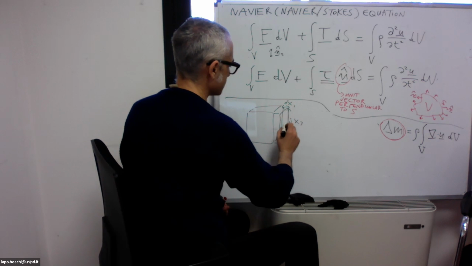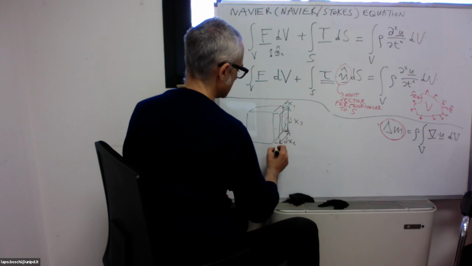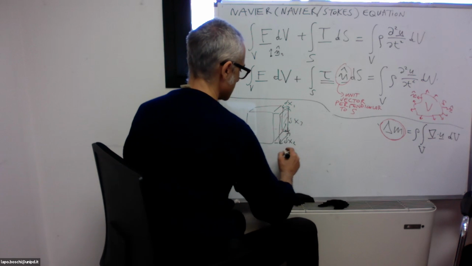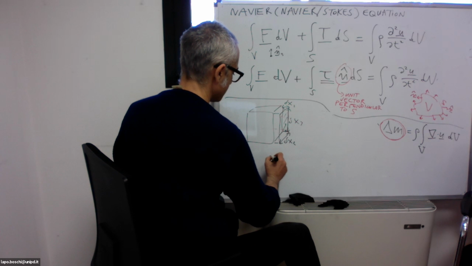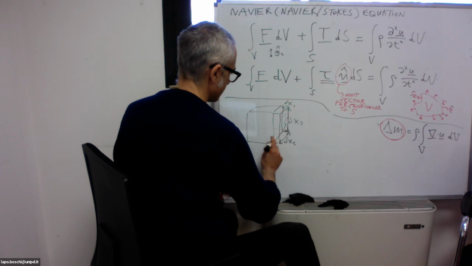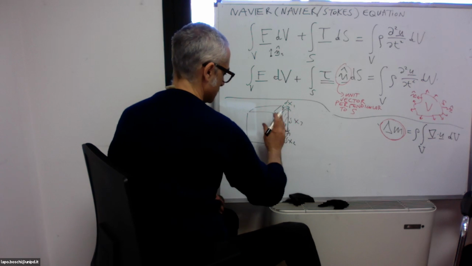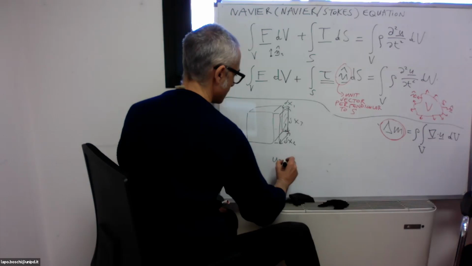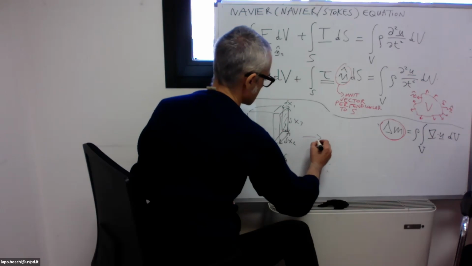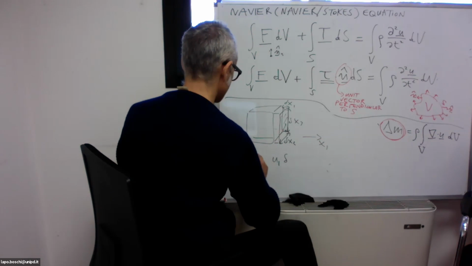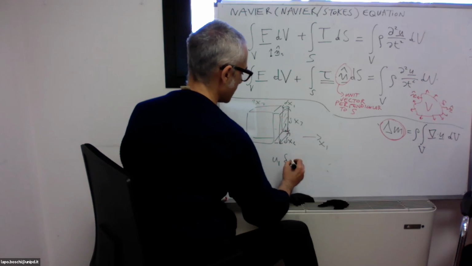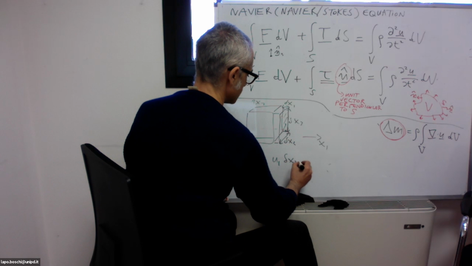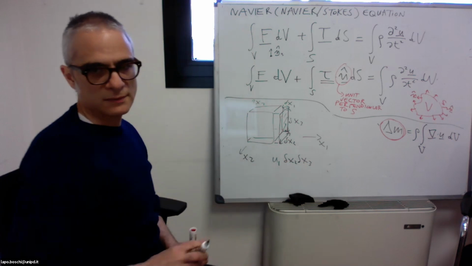So for example, the change in volume right here due to this particular expansion would be U, the displacement of particles near the surface, so U2 in this case times delta... sorry, if we call this x1, this x2, and this x3, U1 times delta x2 delta x3.